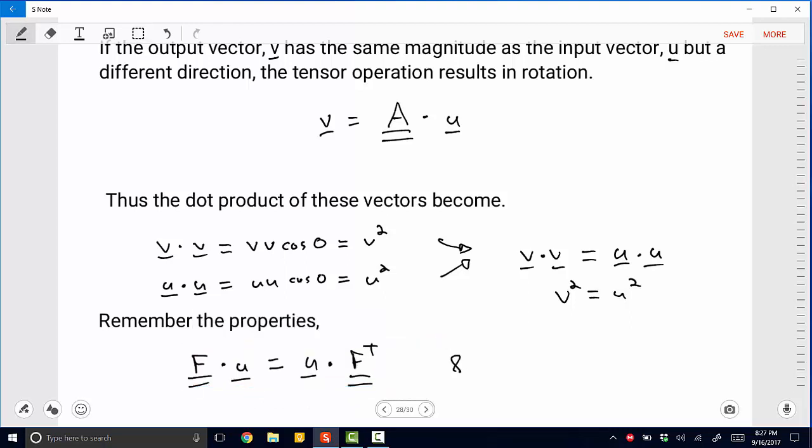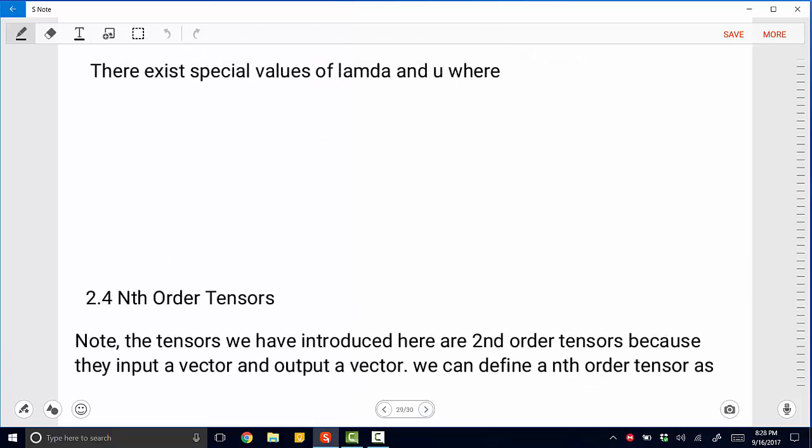We also want to remember that if we have an operation where a tensor is multiplied by a vector and we get the same vector, then we have an identity tensor, right? Okay, so let's use these two properties, and let's use our rotation tensor A, and let's see where we go with this.